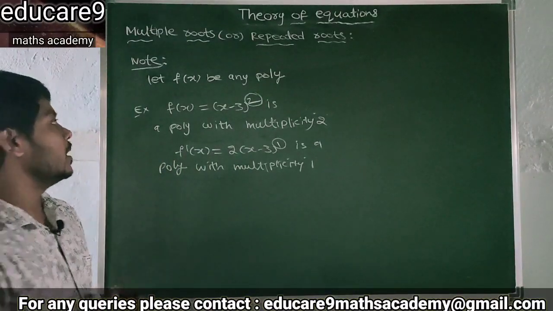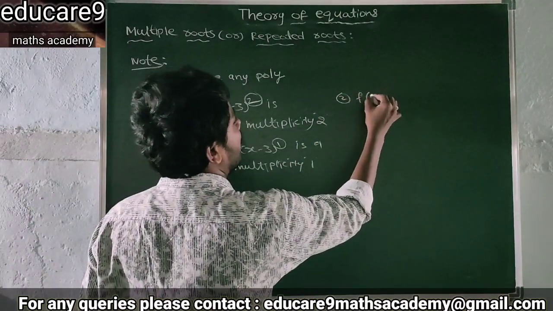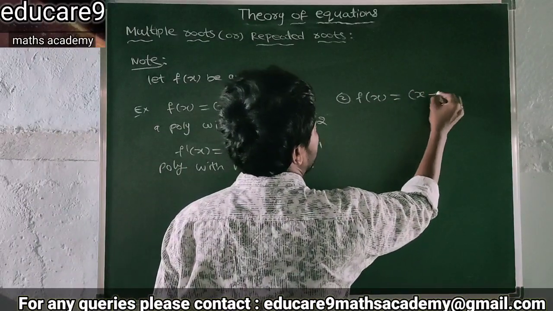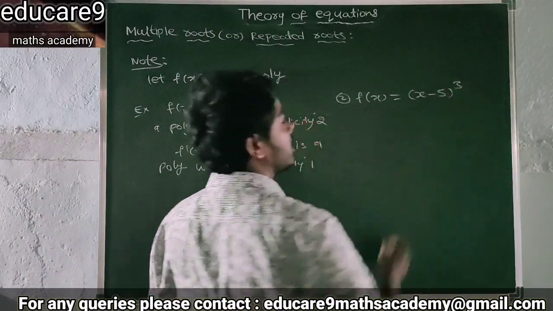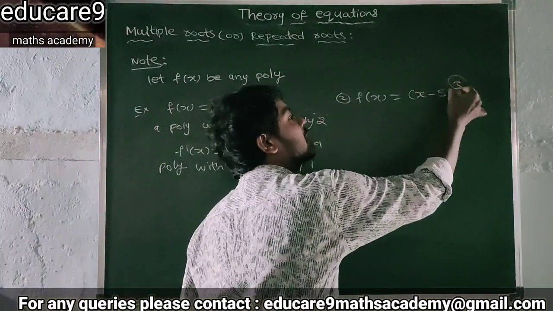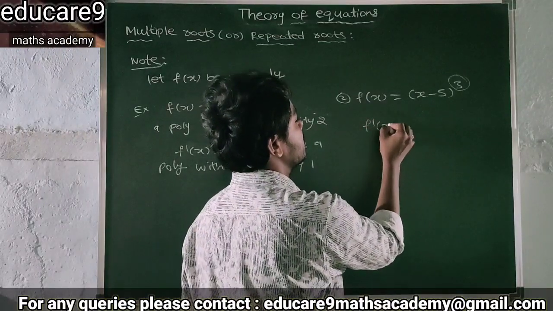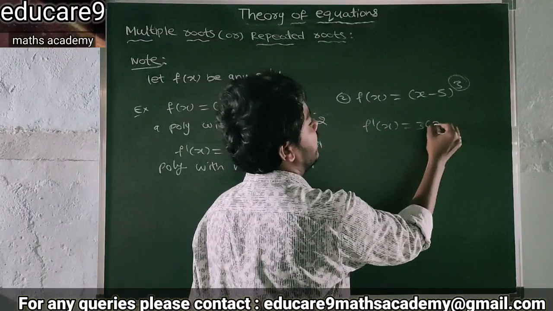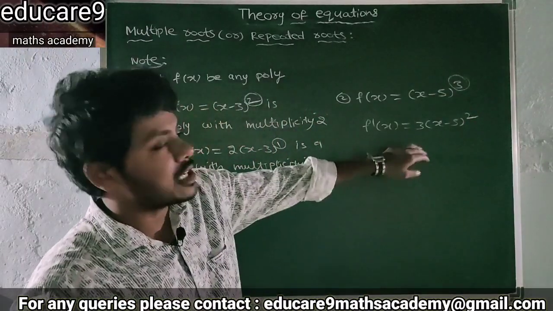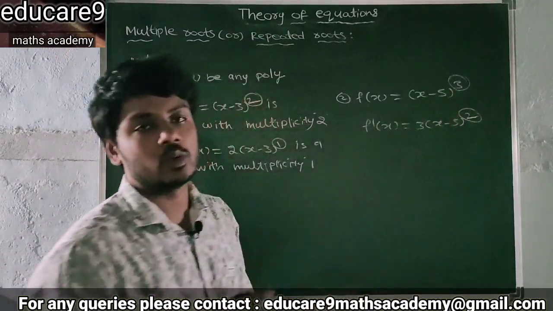For example, f of x is equal to (x minus 5) whole to the power of 3. This is a polynomial with multiplicity 3. Find f dash of x. What you get is 3 into (x minus 5) whole to the power of 2. This is also a polynomial with multiplicity 2.